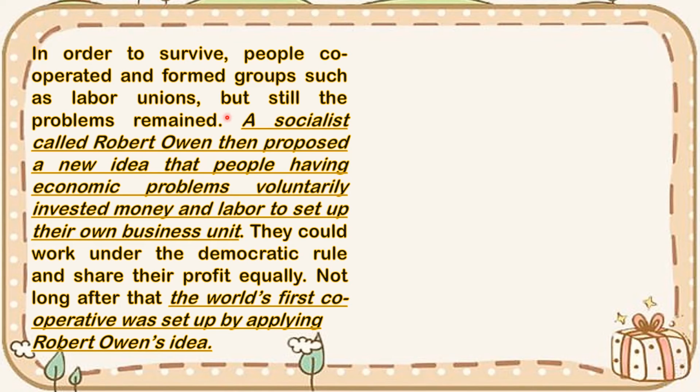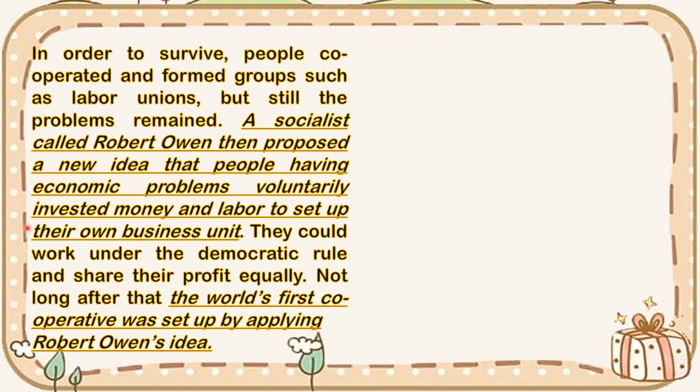Now let's continue reading. A socialist called Robert Owen then proposed a new idea that people having economic problems voluntarily invest money and labor to set up their own business unit. So Robert Owen proposed an idea. What is this idea? That people must invest their money to set up their own business.